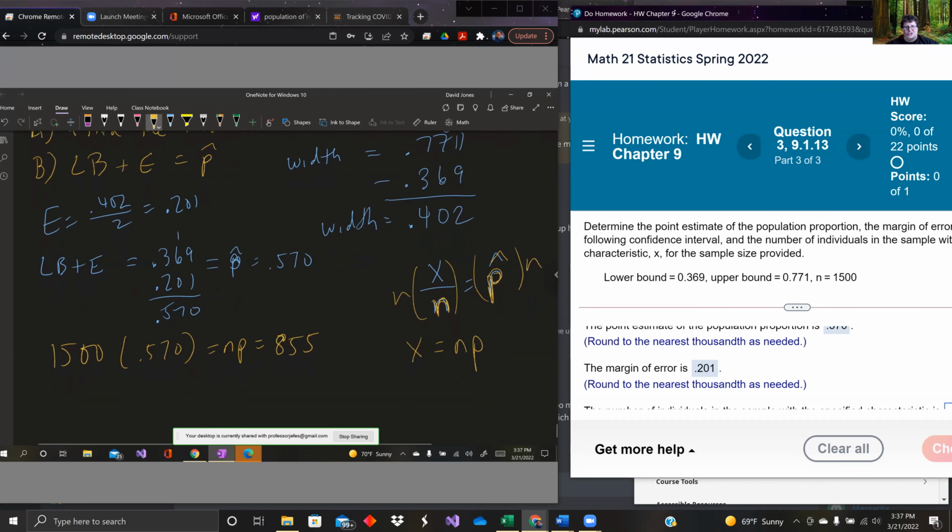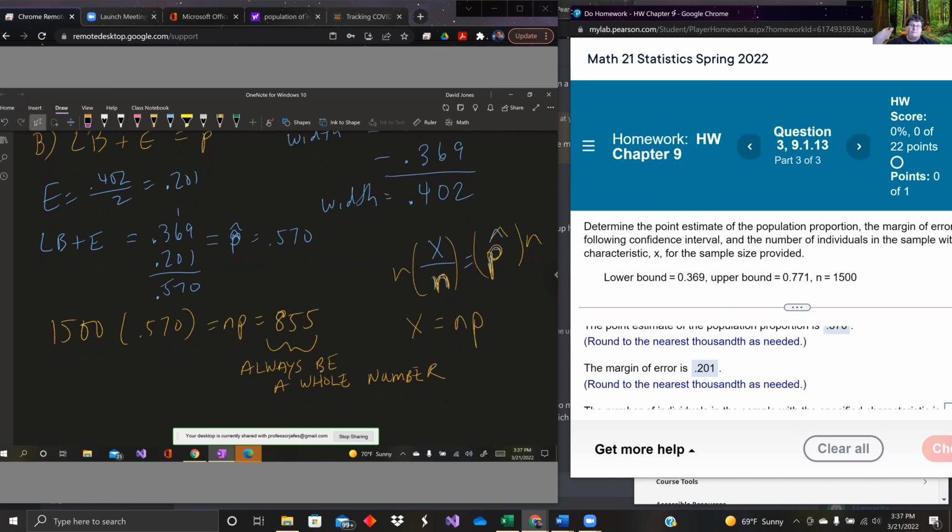N times P should almost always be a whole number. If you do your calculation and you get like 855.5, something's wrong somewhere. Well, that's not true. You generally have to round to the nearest interval.